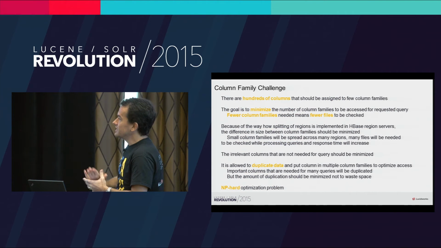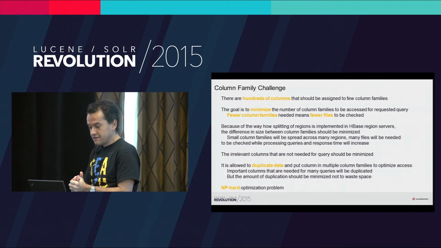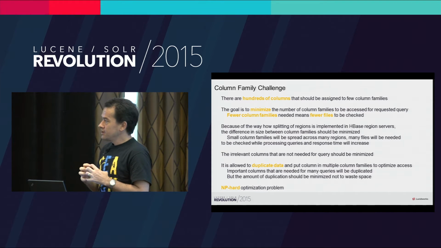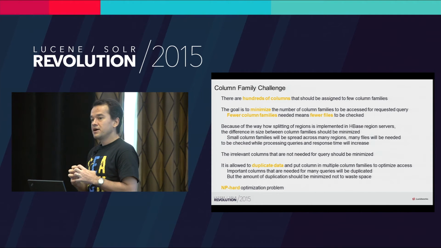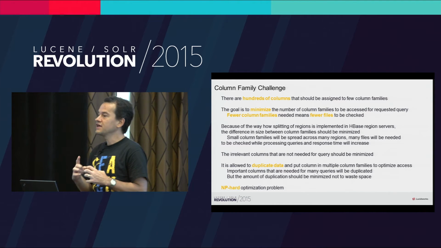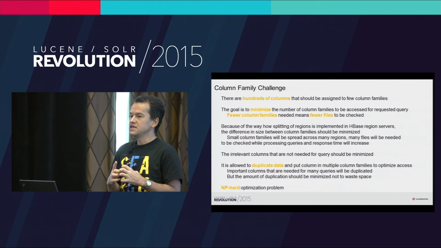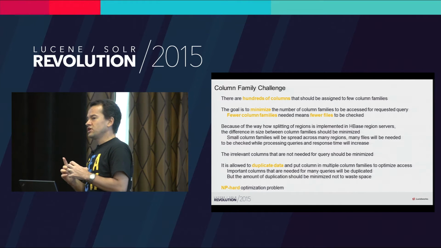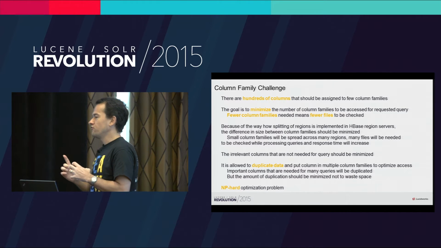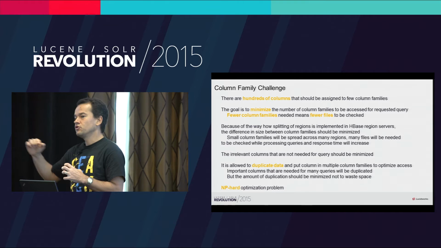Those challenges I summarized here, and what I highlighted is that the main goal is to minimize the number of column families that you have to use for a particular query. That means when you need more column families, you have to access more HFiles, and that means more file accesses, and that is going to make your response time grow.